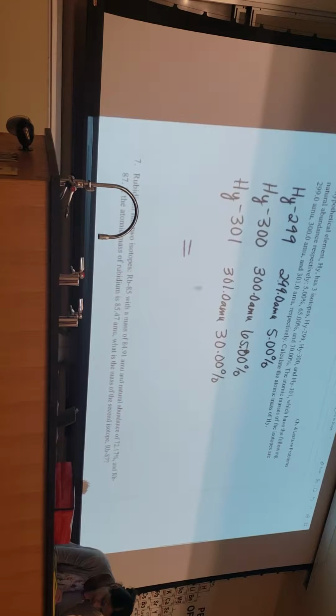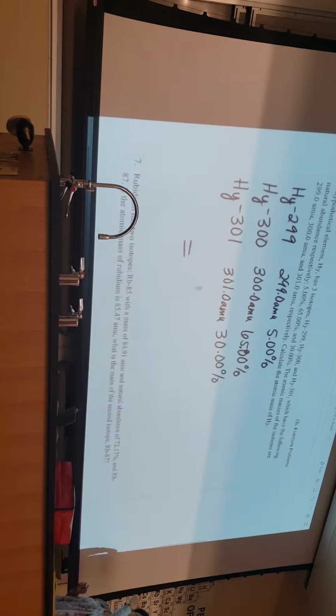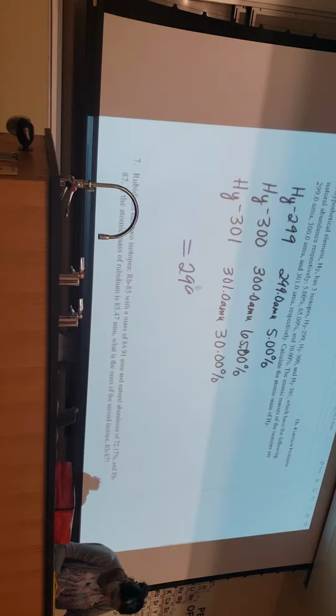So when you set this up, you are going to multiply the actual mass by the percentage. But here, the percentage is out of 100%. So you're dividing by 100 or moving 2 places to the left. So when you set this up, it's going to look like this.